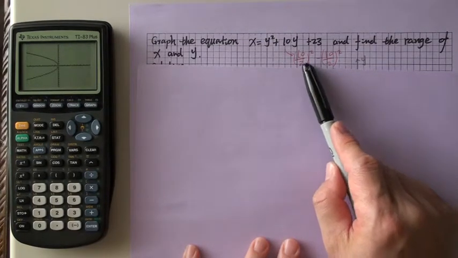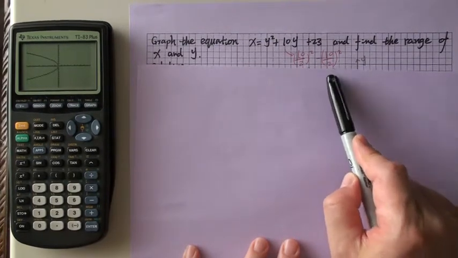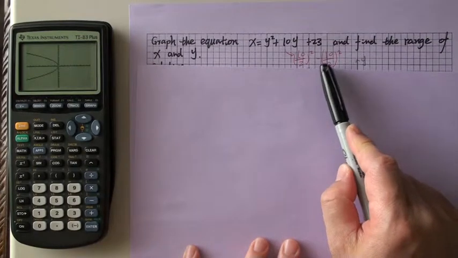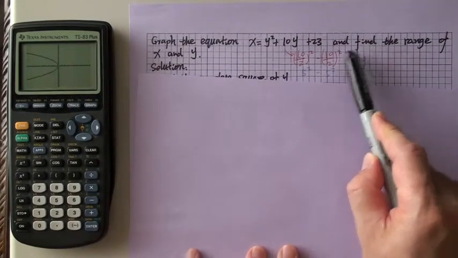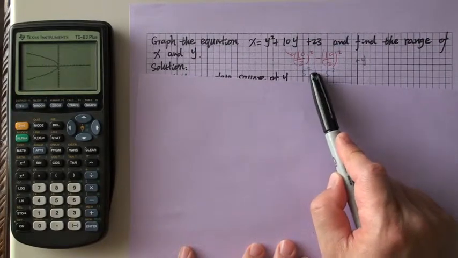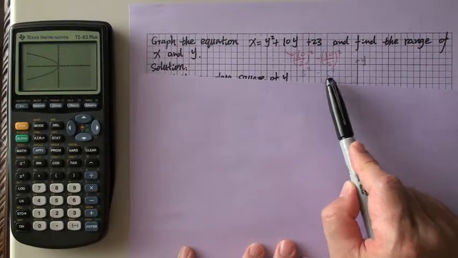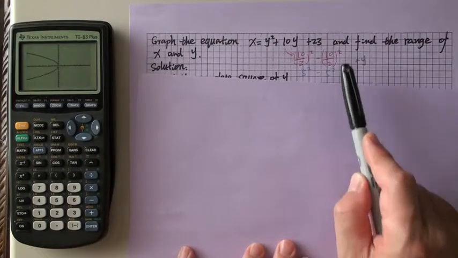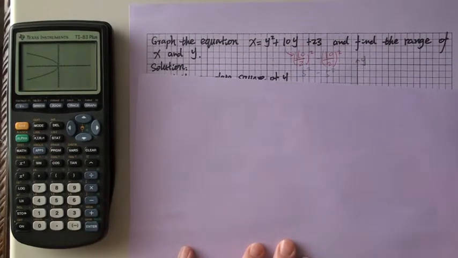When you add this number, you have to subtract the same number. We know that 10 divided by 2 squared is actually 5 squared, and then you have to subtract another 5 squared.